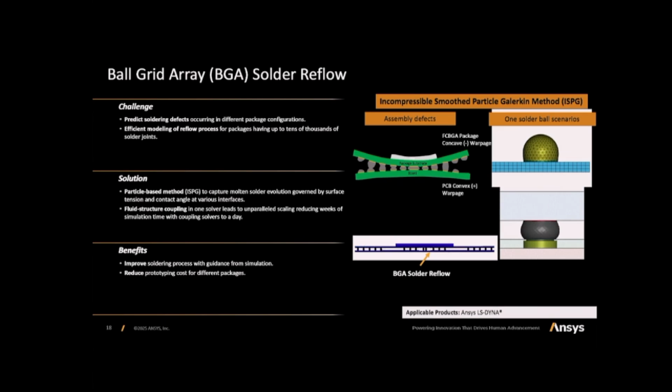Then we move into other opportunities. If you're looking at a ball grid array of solder for the high-tech industry, you're looking at solder reflow. You can go in and up front look at how the solder is going to flow to understand how you need to place your BGA and how you need to distribute that very early on in the development cycle.